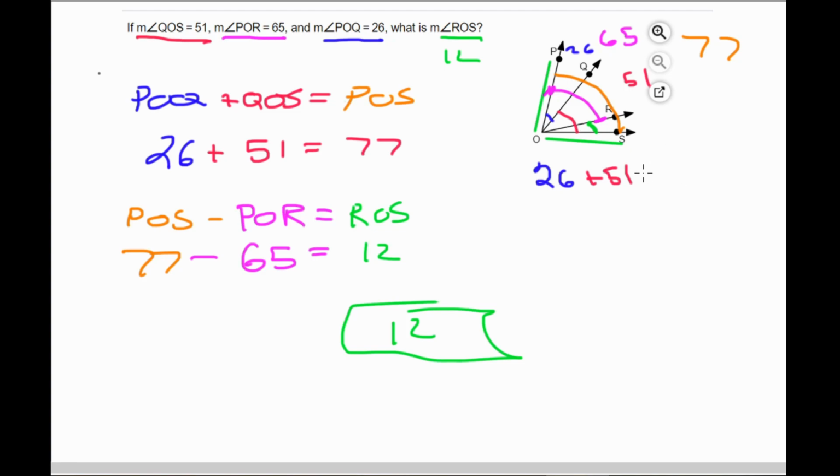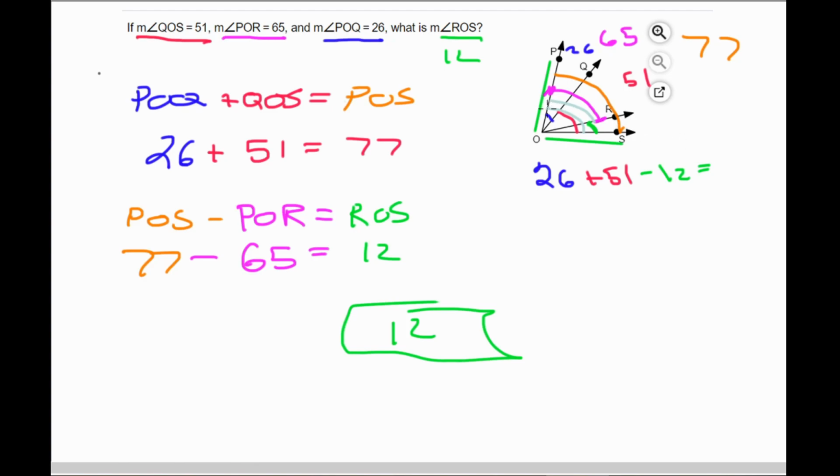So if I do that and then I subtract my green value or my ROS value of 12, I've added the blue and the red together, so I've now gotten this whole thing. And I'm going to subtract out my purple value, and you can see there that I didn't quite make it there. So if I get 12 there, then I am good to go. Or if my equation balances.